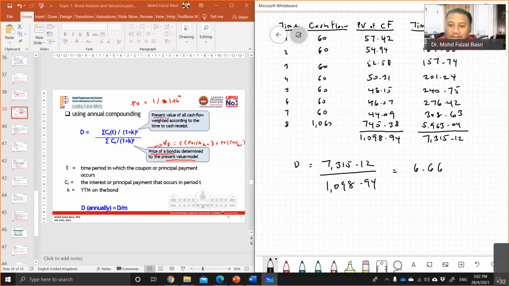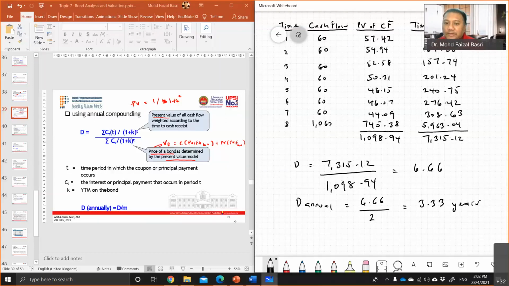To find it in annual, we take the D, which is 6.66, and divide with M. In our case, M is semi-annually, so M is 2. So the annual is 3.33 years.